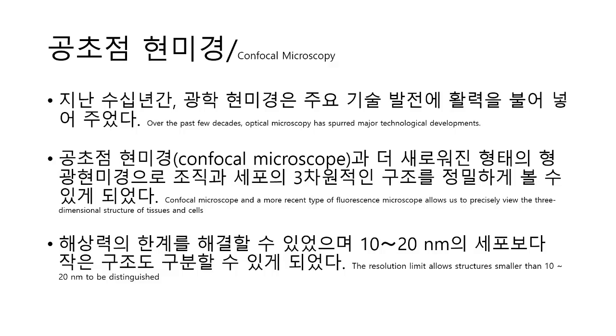This creates a single plane of fluorescence in the image. By capturing sharp images in many different planes, a three-dimensional reconstruction of the image is created. This allows structures smaller than 10 to 20 nanometers to be distinguished.